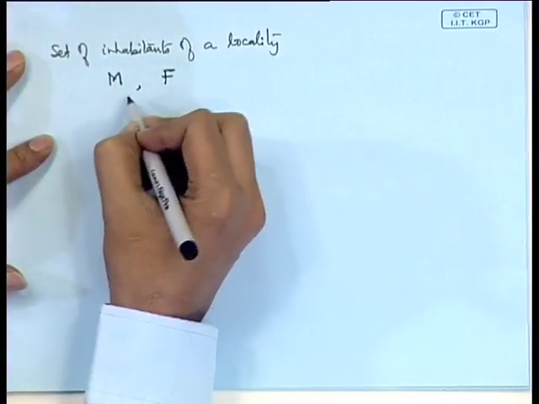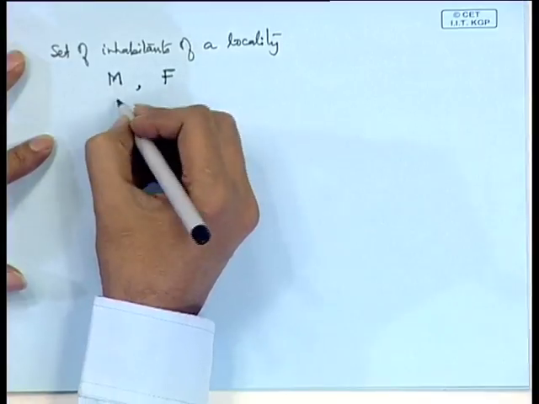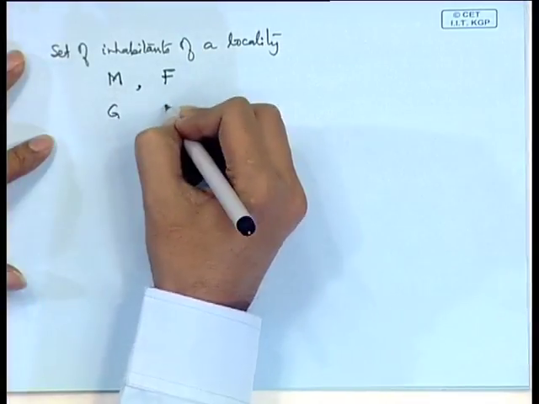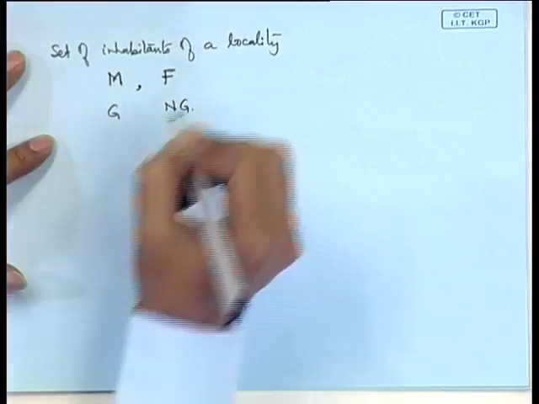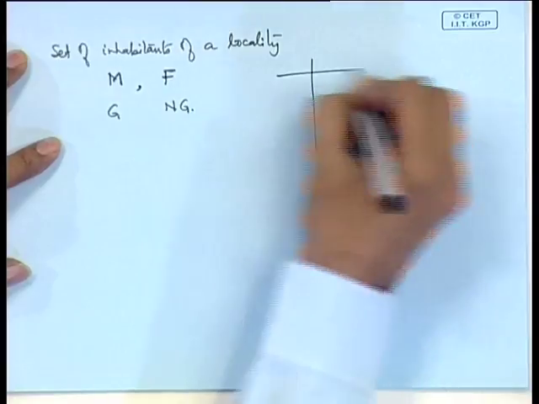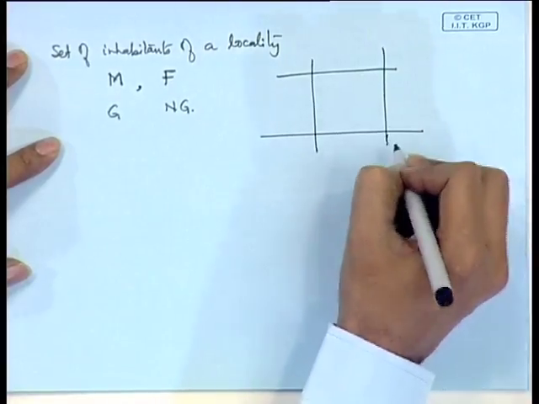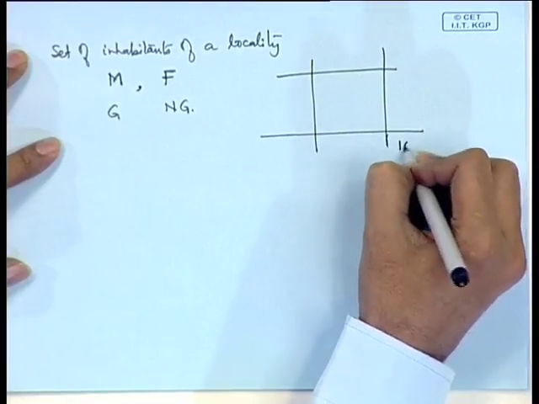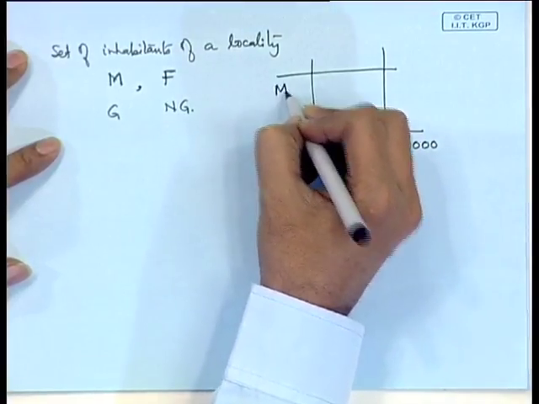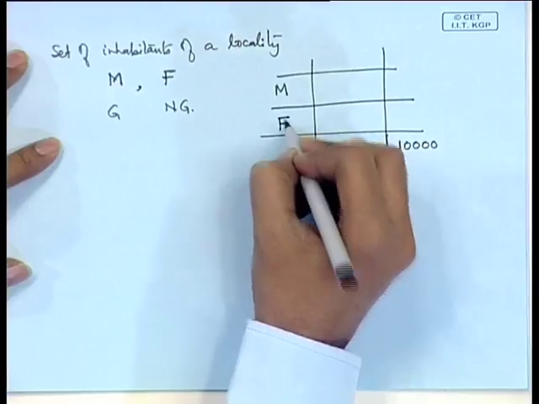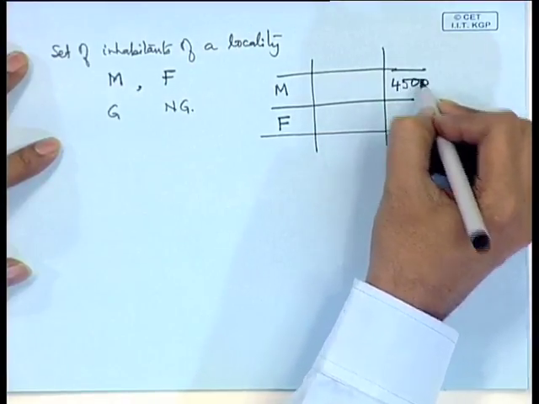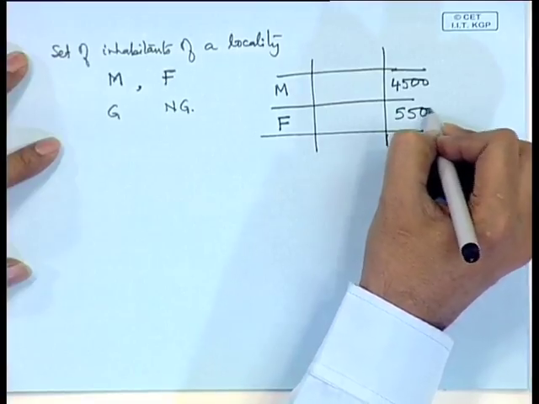We may also record whether they are graduates or non-graduates, that means below graduates. So, now suppose we have a population of 10,000 in that locality. We may classify firstly according to male female. So, maybe we have 4,500 males and 5,500 females.